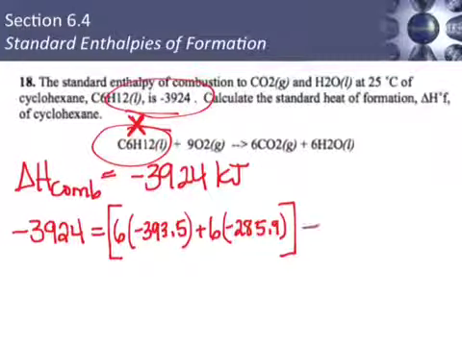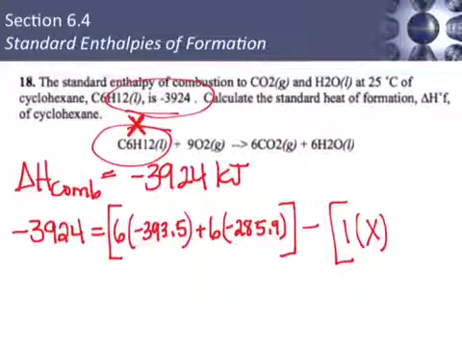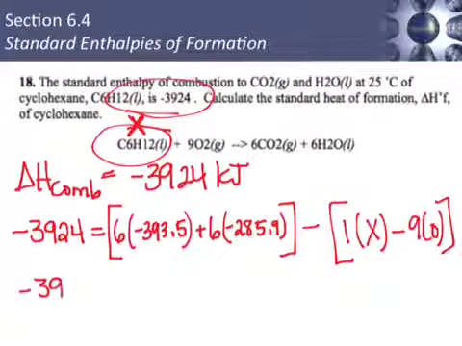We're going to subtract the sum total of our 1 cyclohexane, which is my X, minus 9 times 0. So negative 3924, and I know it's just extra math. I'm just showing the steps. You could have just left that out.